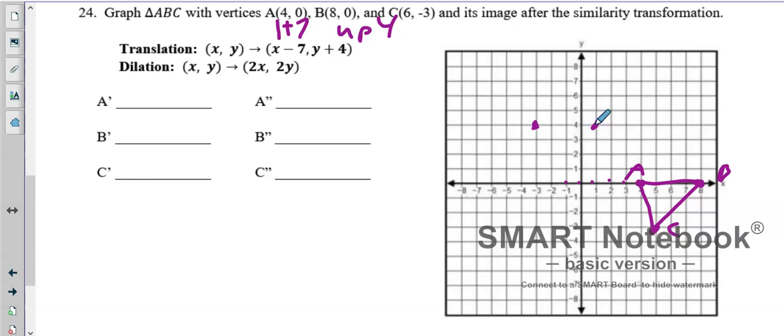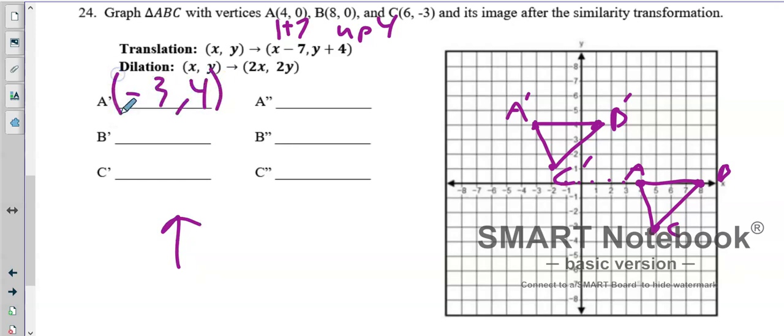And then this one, 1, 2, 3, 4, 5, 6, 7, 1, 2, 3, 4. And there are my new points, A prime, B prime, and C prime. And we're supposed to write them over here. So A prime is at (-3, 4). B prime is at (1, 4). And C prime is at (-2, 1).